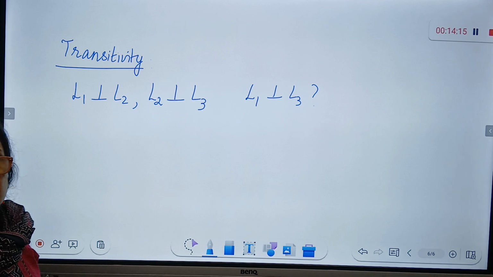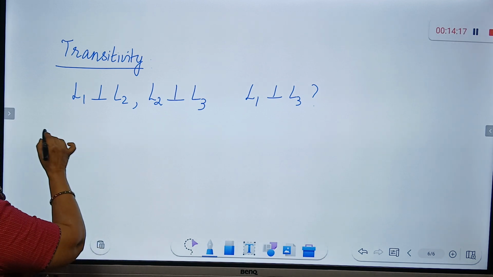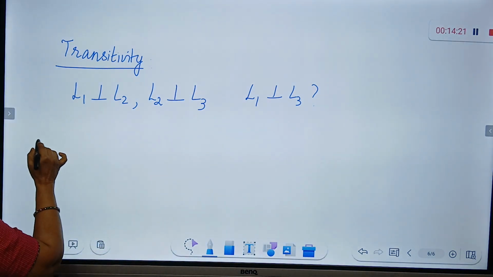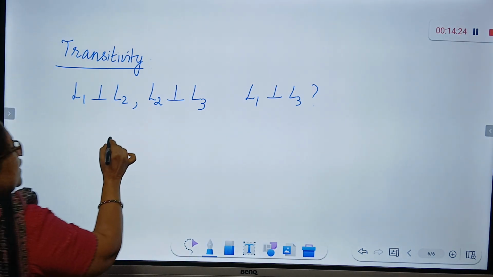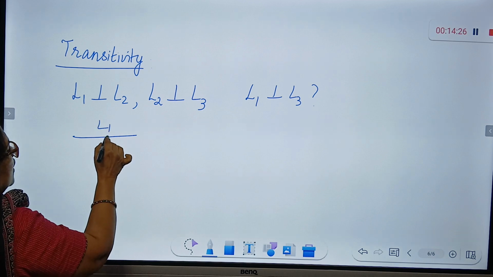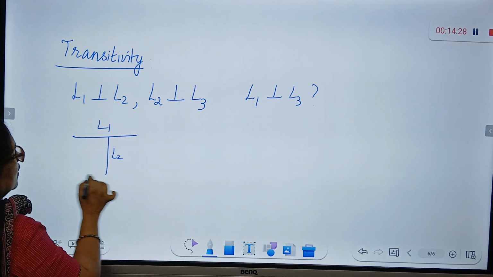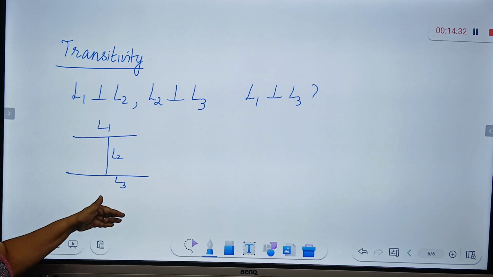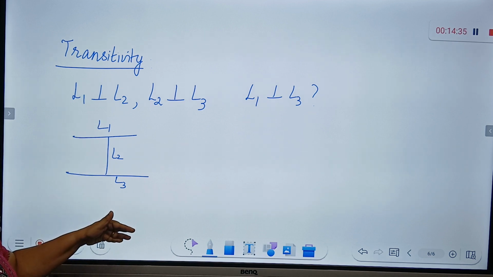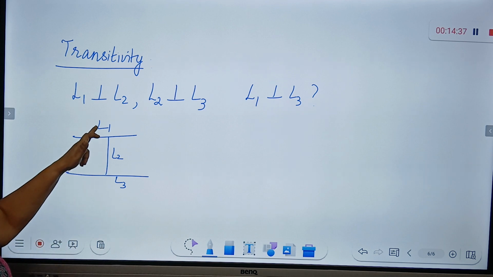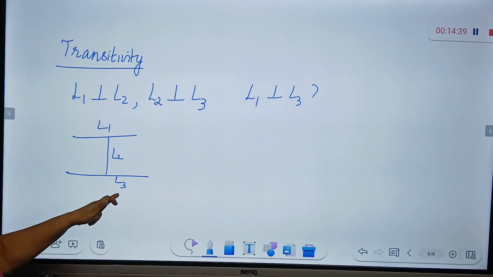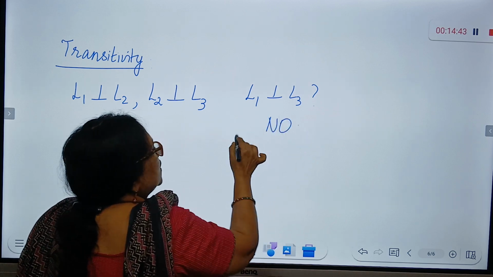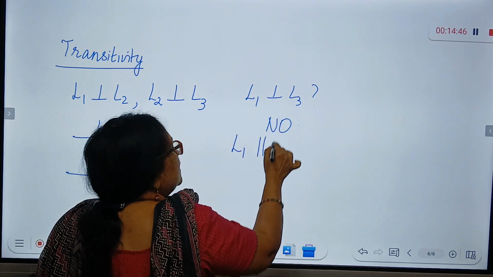If you are not able to answer immediately, you can also draw a picture, which always helps. Let us suppose this is L1 and this is perpendicular to L2 and L2 is perpendicular to L3. What can you say about the nature of L1 and L3? They are parallel, right? So L1 is not perpendicular to L3. L1 is parallel to L3.